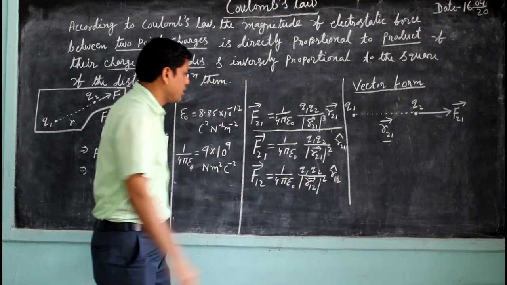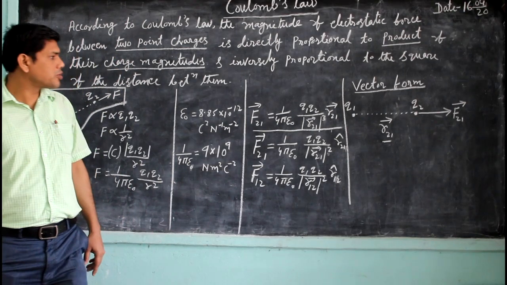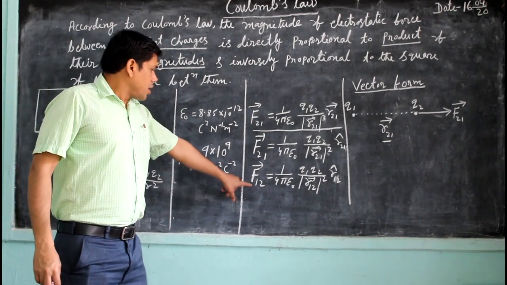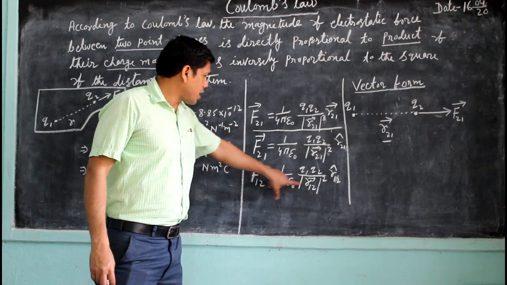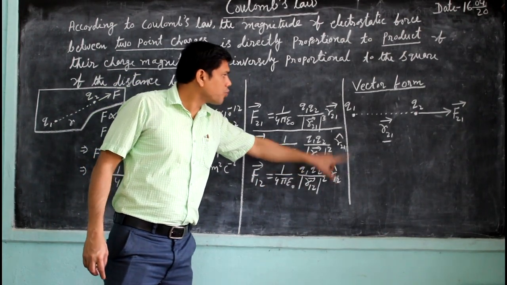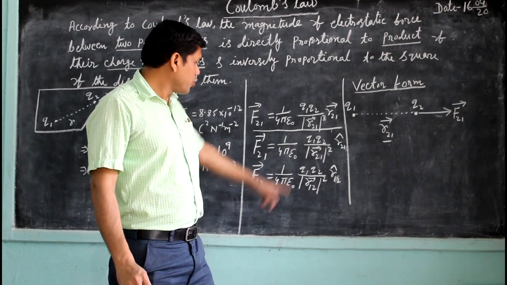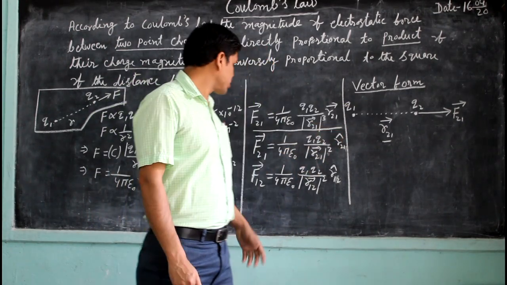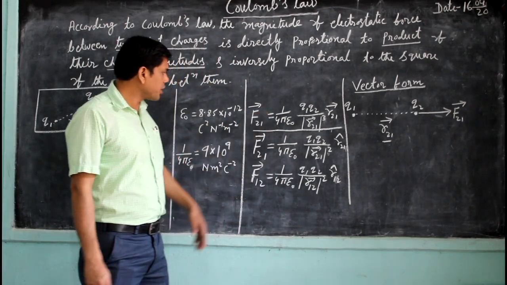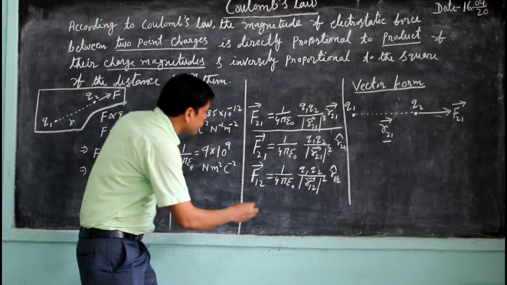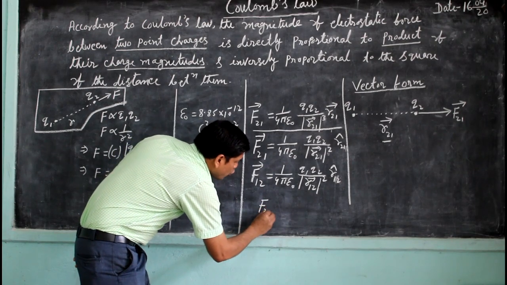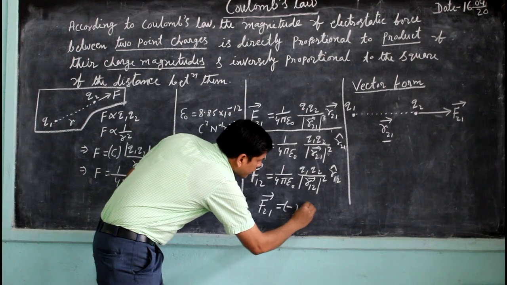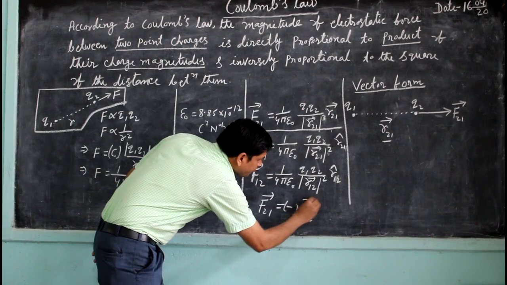This is the force experienced by the Q1 charge due to the Q2 charge. This is the vector form, and R12 is the unit vector of the Q1 charge due to the Q2 charge. So mathematically, we can easily find that vector F21 equals minus of vector F12.